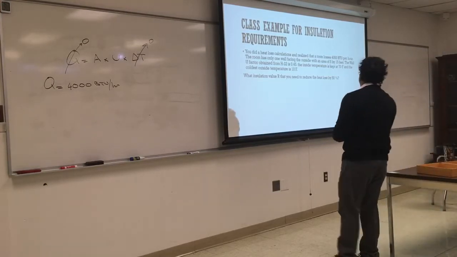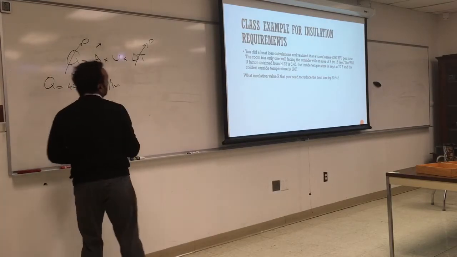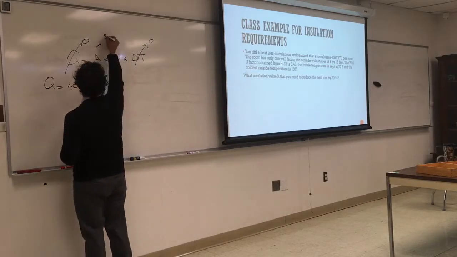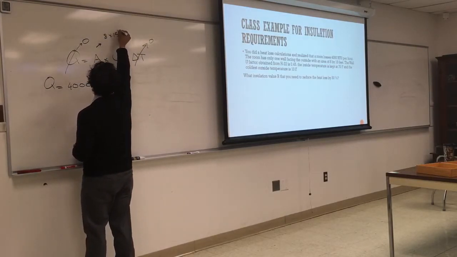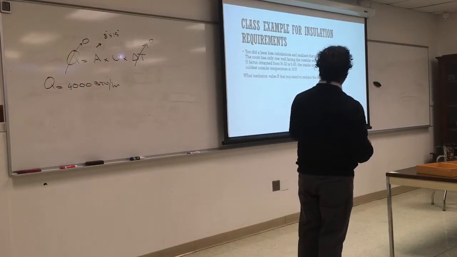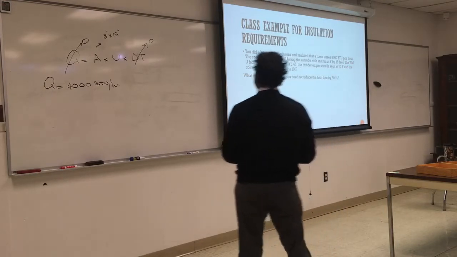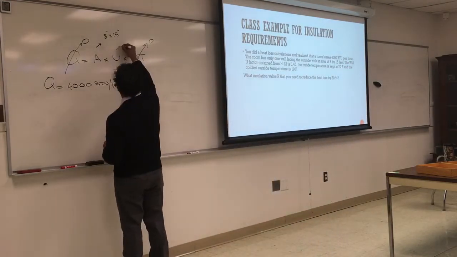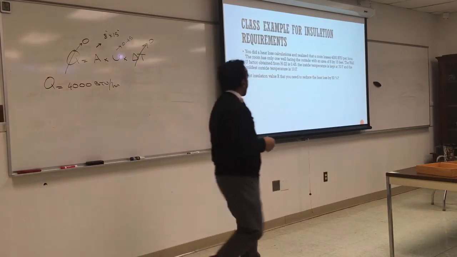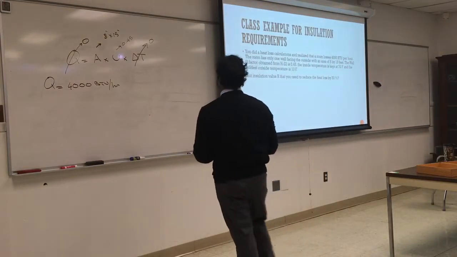The area of the wall is what? 8 by 15. 8 is the height, times 15. The wall U factor obtained from the H22 is 0.45. You did the calculation, you find that this wall is 0.45, it's the U factor. The inside temperature is kept at 70 and the outside is 10.